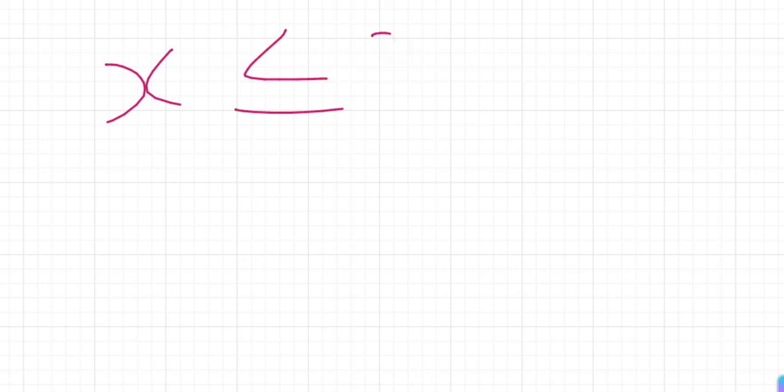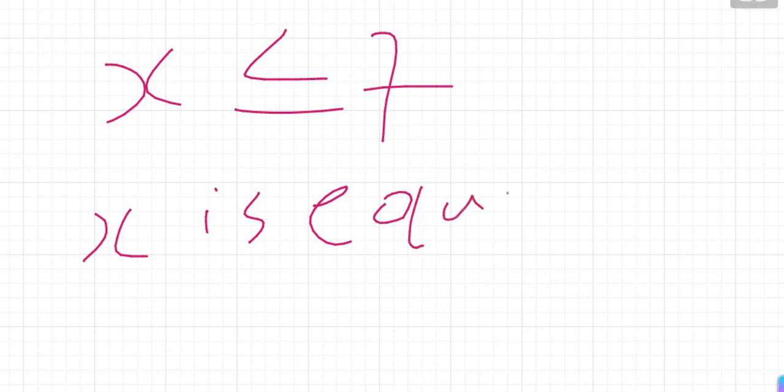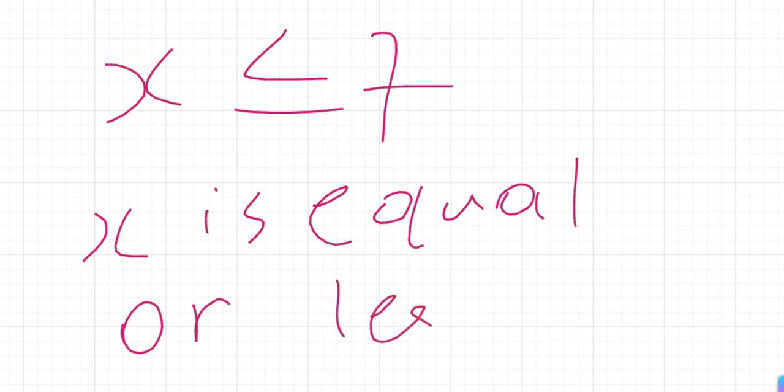So let us look at another one. If we have x and we have this, this is saying that x is less than, or equal to. So it cannot be both. It has to be one out of the two. So we see that x is equal or less than 7.